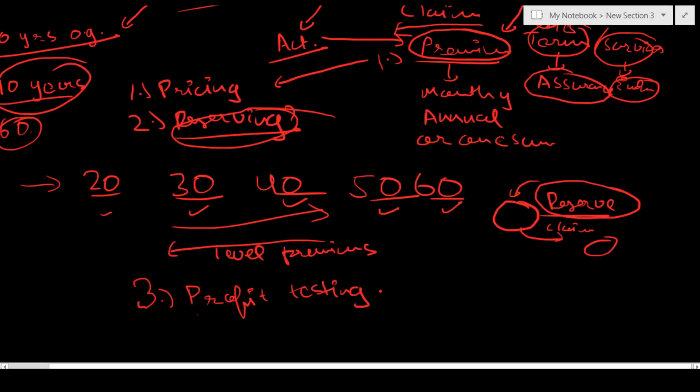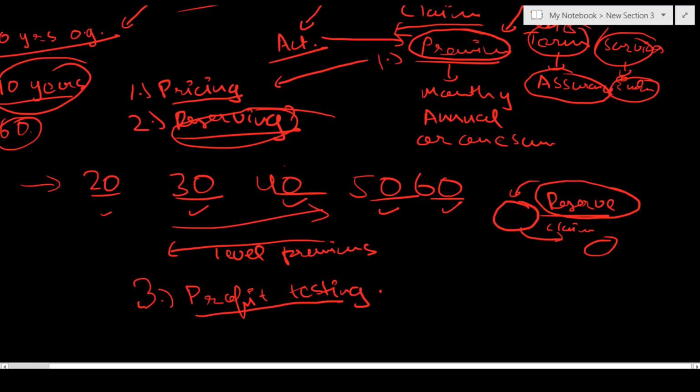On the basis of this profit testing procedure, so that we get a certain amount of profit, we decide the premium of the policy. So first of all we'll be pricing the policies without profit, and then we'll be taking more realistic estimates incorporating the profit. So this is all about the subject.